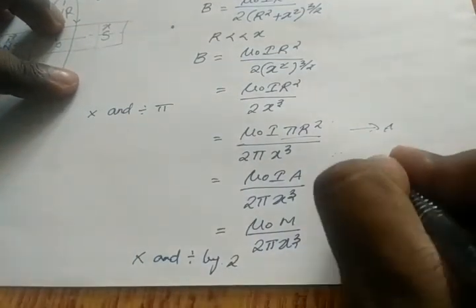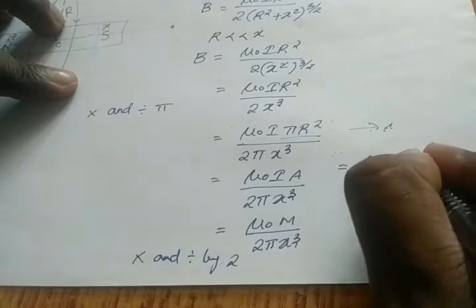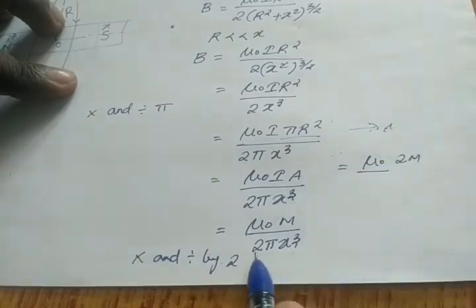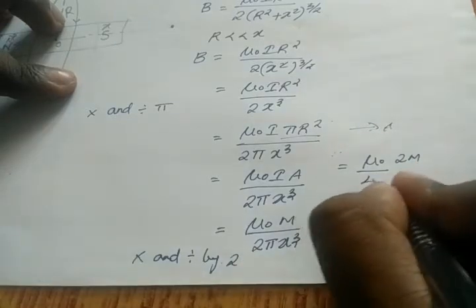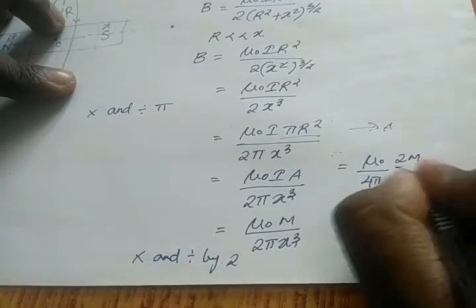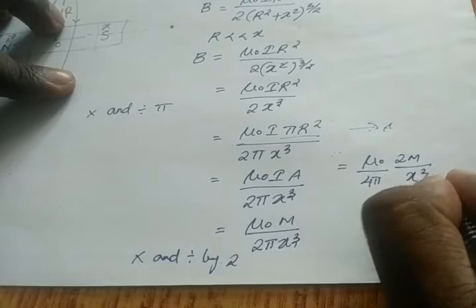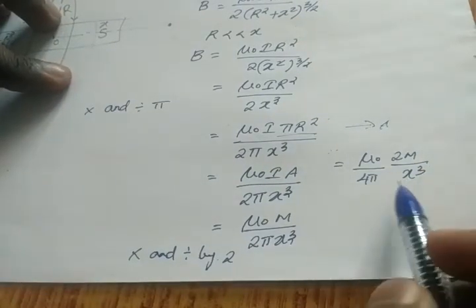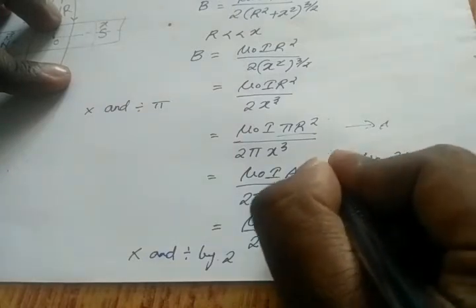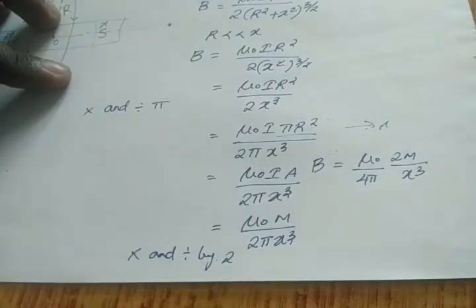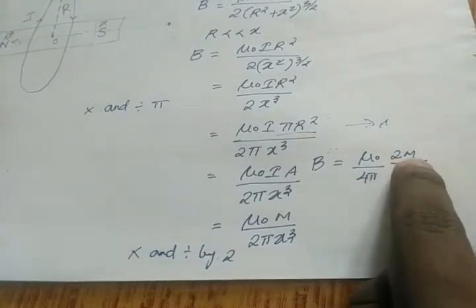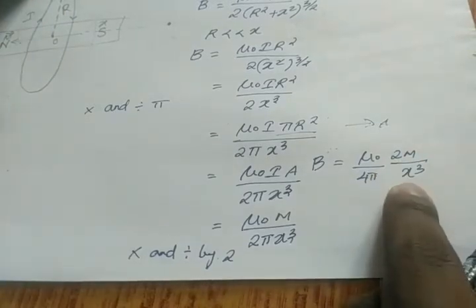Then I get mu naught 2M divided by 4 pi x cube. Have you ever seen these kinds of equation? Think about it. Where did you see these kinds of equation? What is mu naught by 4 pi? Nothing but k. And what is M? Magnetic dipole moment, divided by x cube.